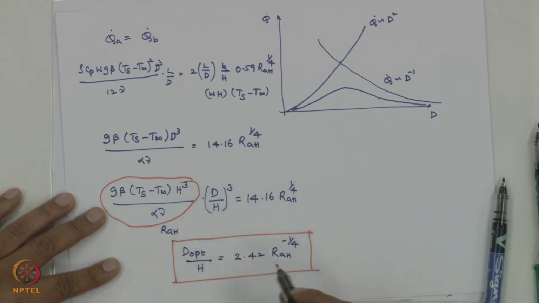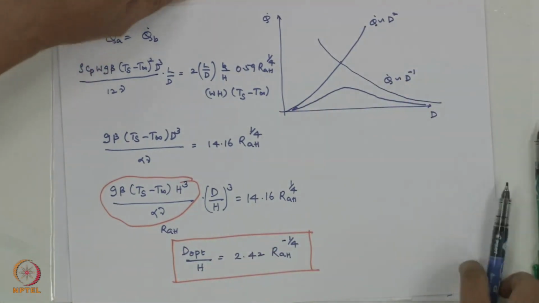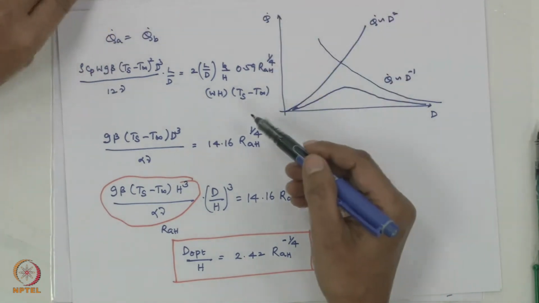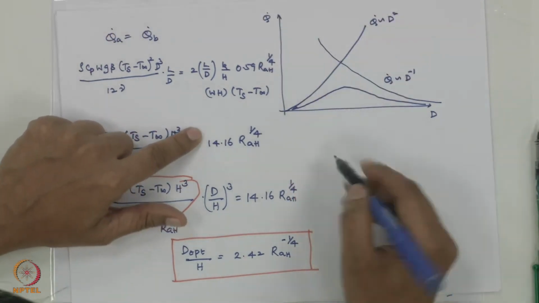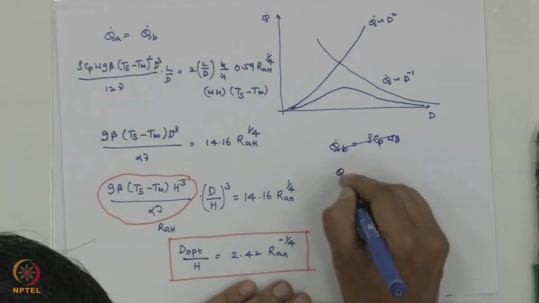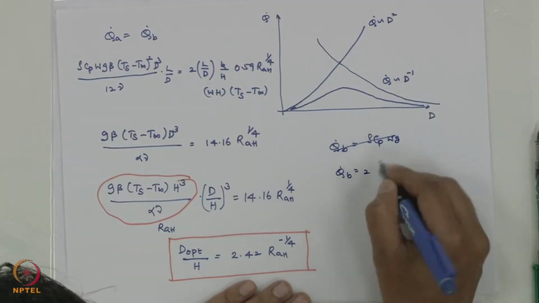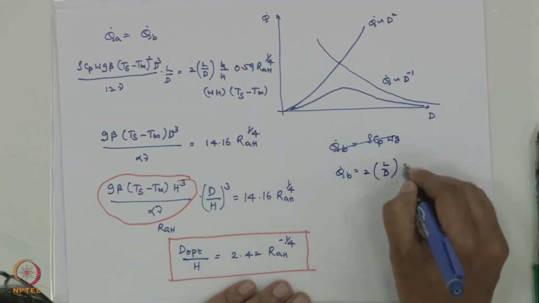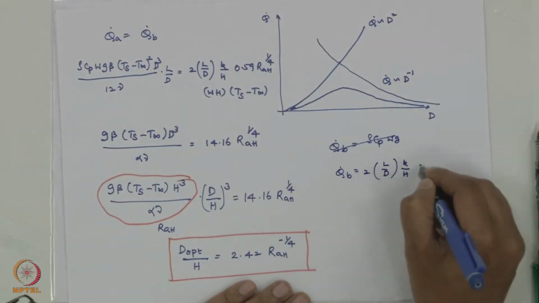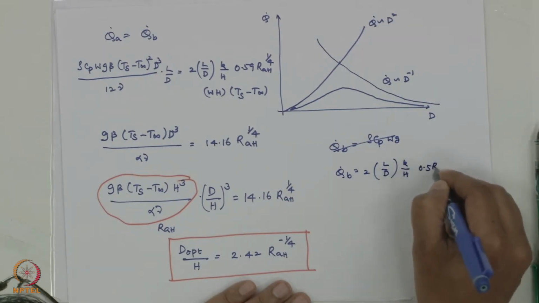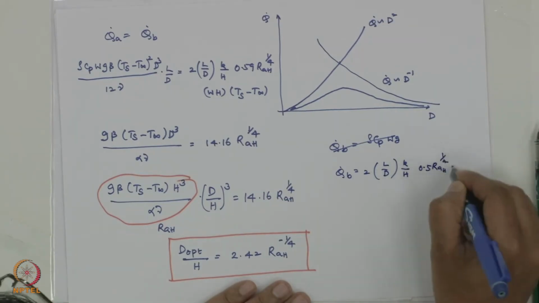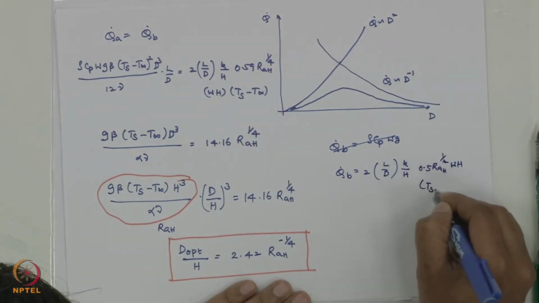And if you substitute this D optimum either in Q dot A or in Q dot B, you are going to get Q dot B equal to 2 into L by D into K by H into 0.59 Rayleigh number to the power of 1 by 4 WH into (Ts minus T infinity).